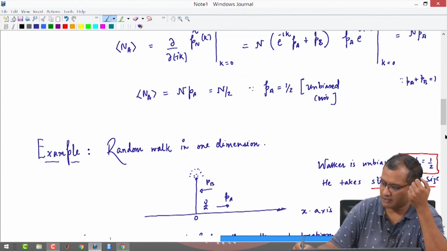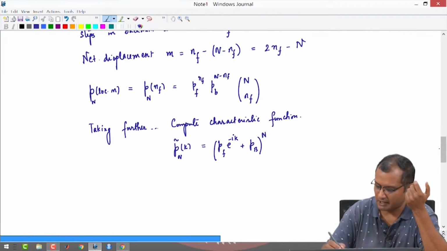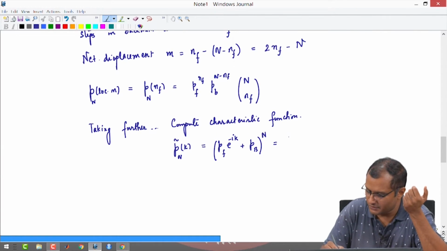So, let us plug in the values of forward and backward. We know these are half. So, what you have is basically e raised to minus i k.